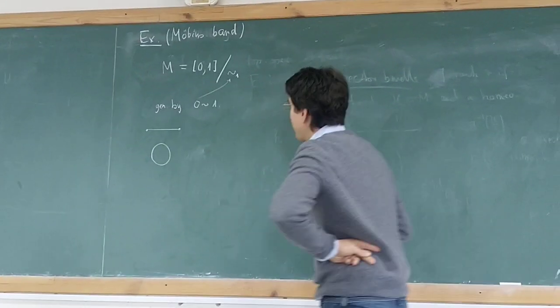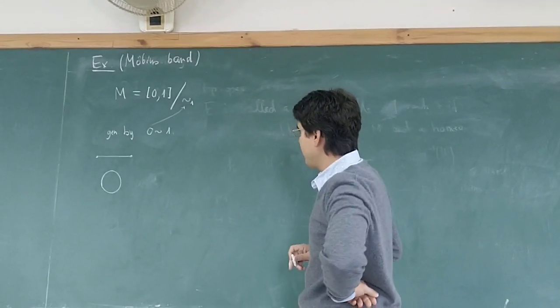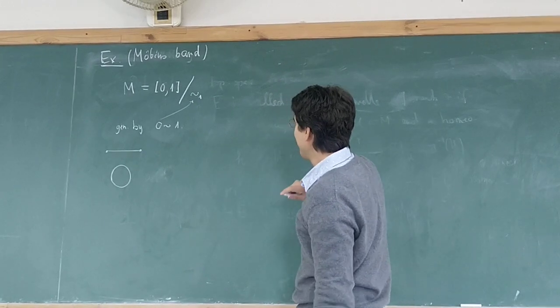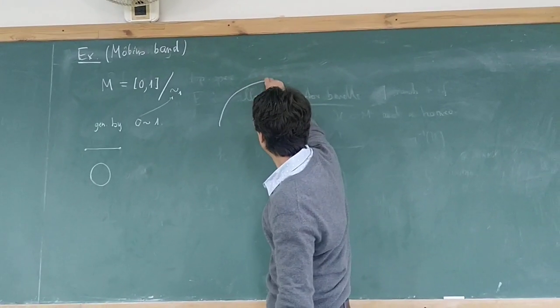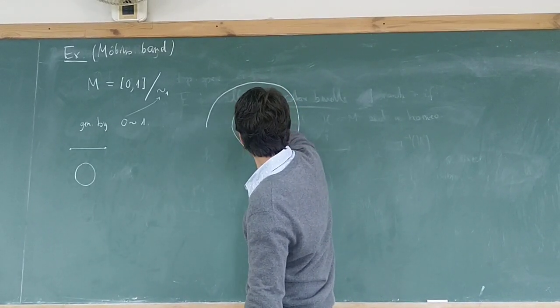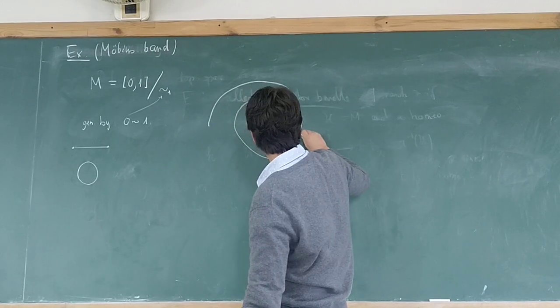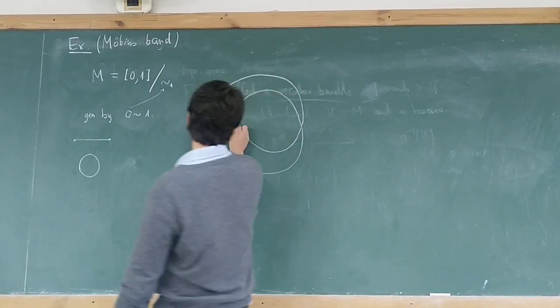And the Möbius band, I'm sure you've already seen a picture. There's a good reason I didn't become an artist, but I'll try to draw the Möbius band for you.